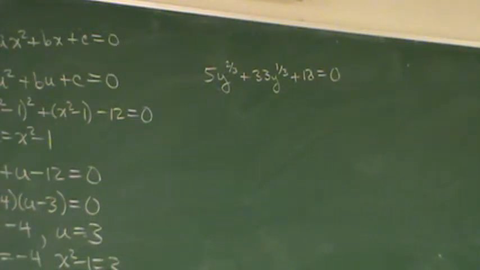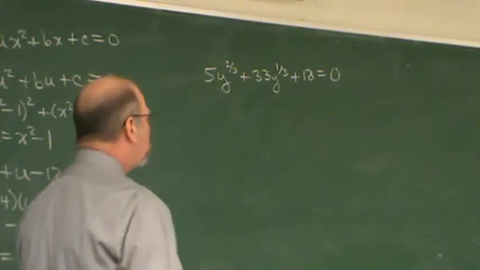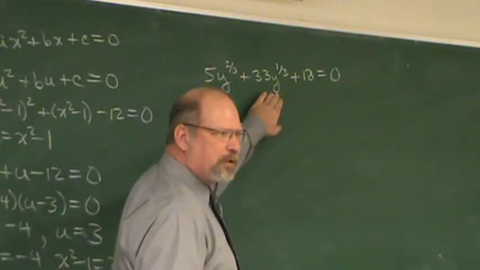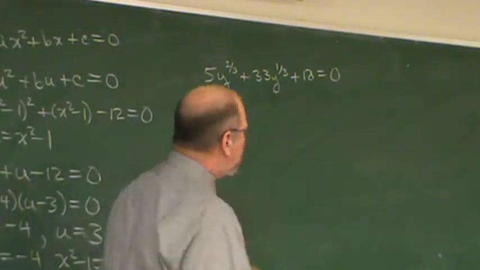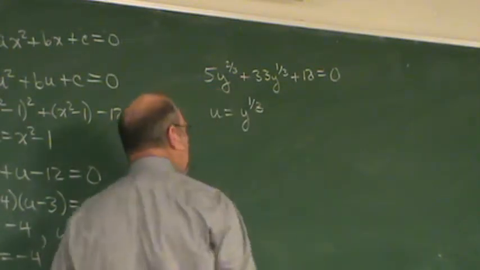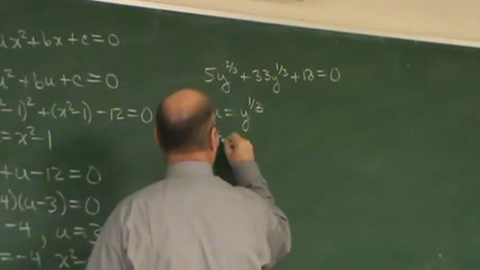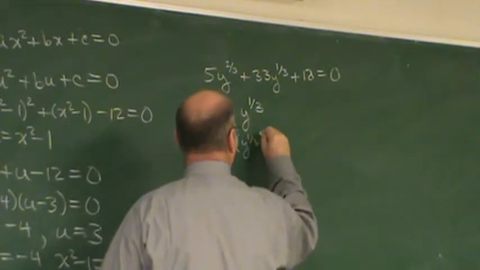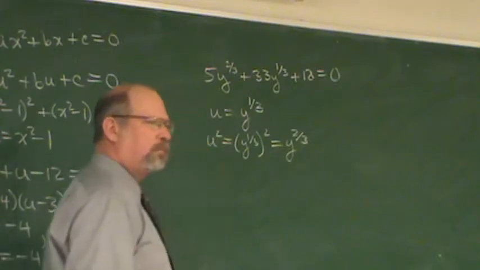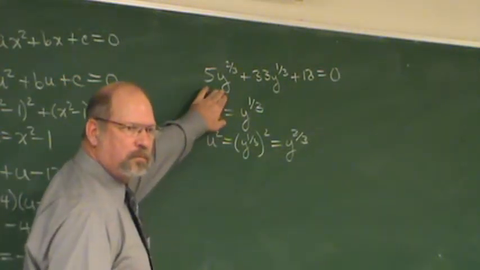They are quadratic in form. Okay, because if you can make a substitution, think about the variable part of your middle term, y to the 1/3 in this case. If I let u equal the variable part of my middle term, y to the 1/3, and then square that, u squared will be y to the 1/3 squared, that gives you y to the 2/3, which voila, is the variable part of your first term, yes?